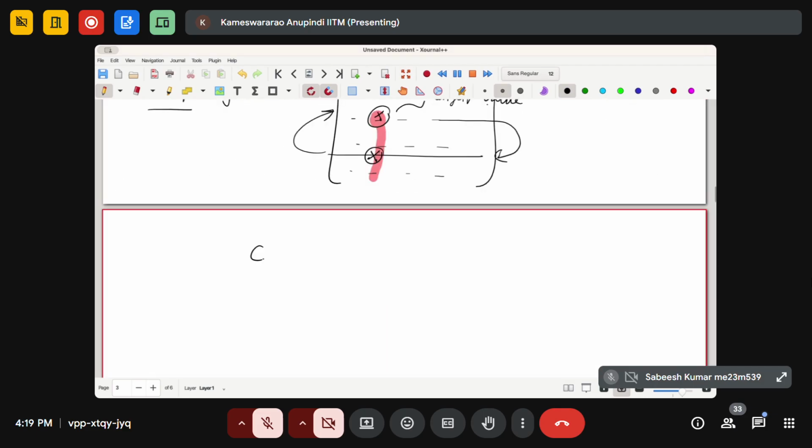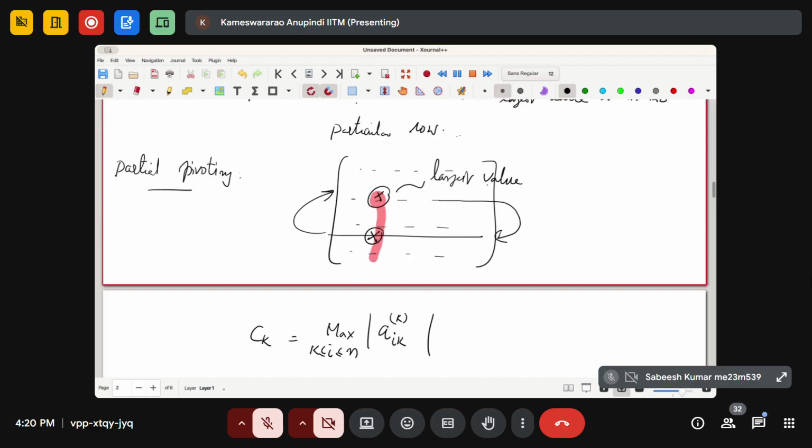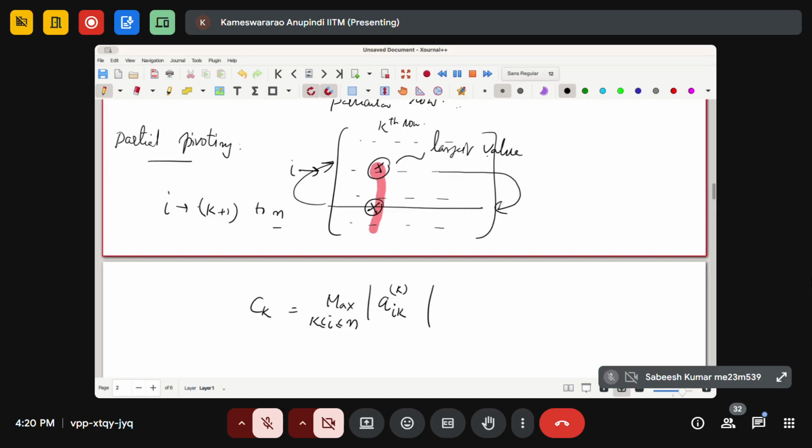That means if I were to calculate, let us say, ck equal to the maximum of aik, where my i lies between k and n. That means if I am looking at, let us say, some kth row and kth column, I want my i to go from k to n.